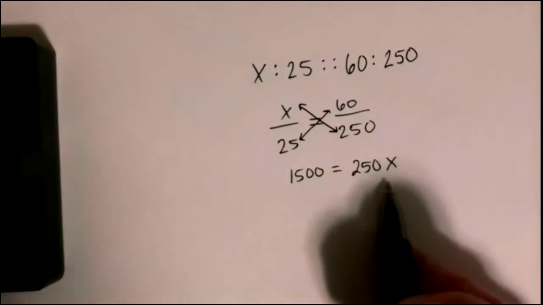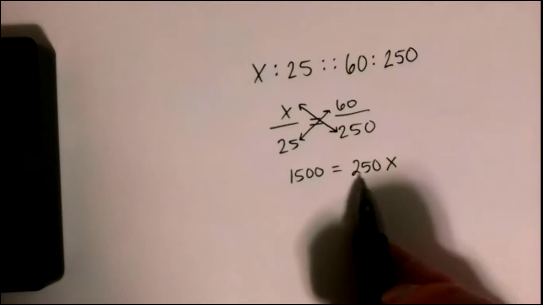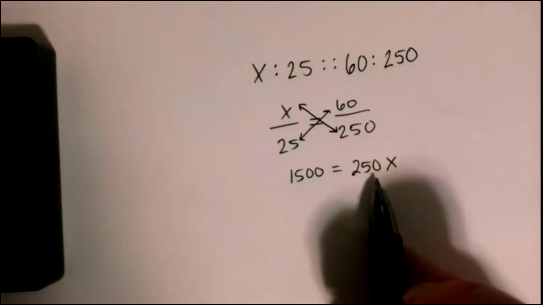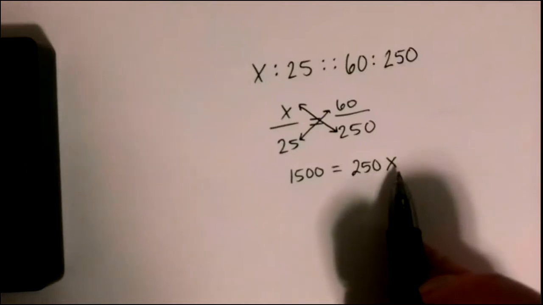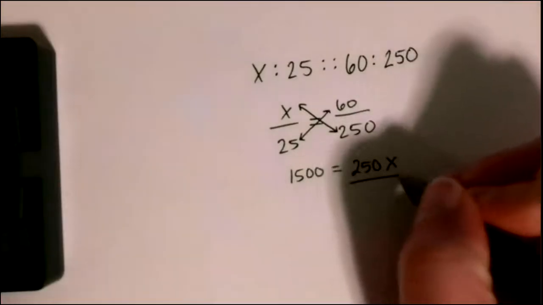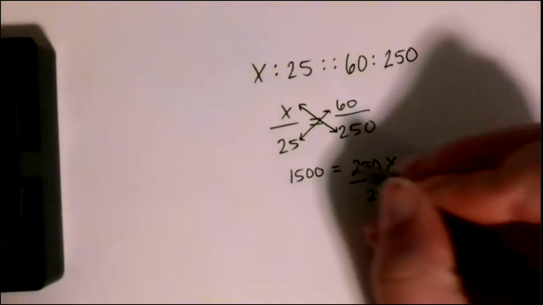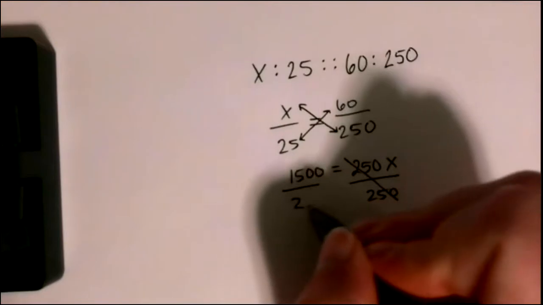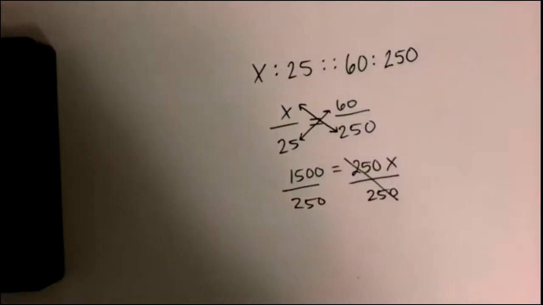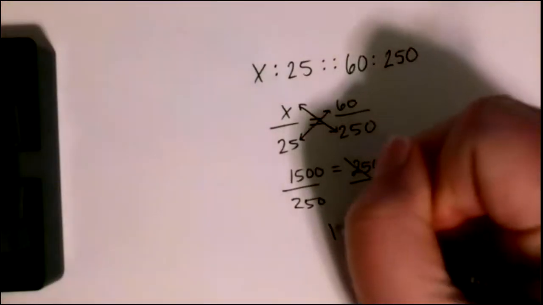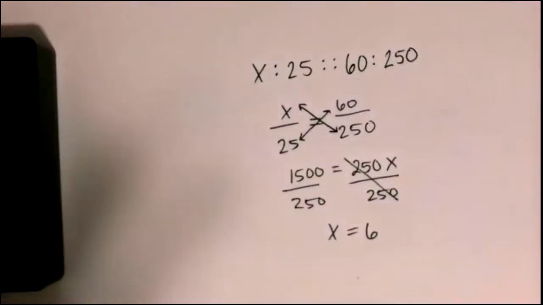Now this is a multiplication problem here, so I want to do the opposite, which would be division, because I want to get x by itself. So divide by 250 here, divide by 250 on this side. So we're going to take 1500 divided by 250, and that leaves us with 6.